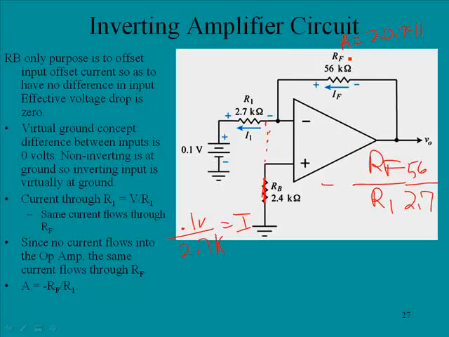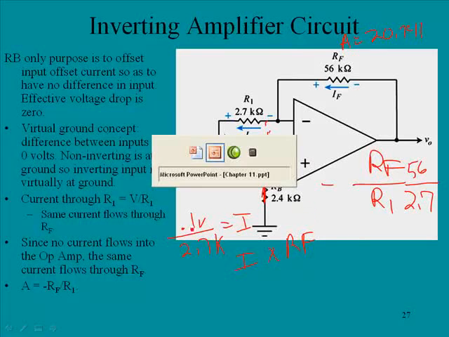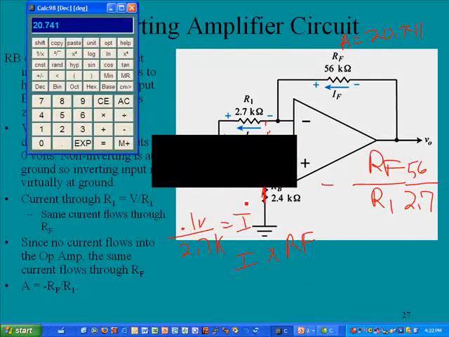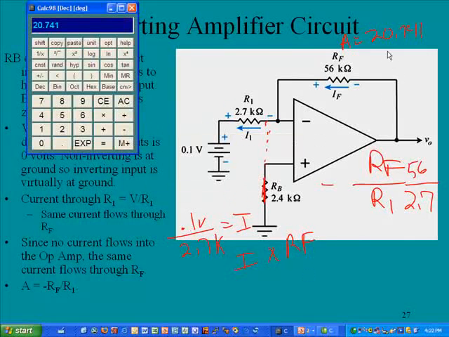It won't be R1 plus RF, it will simply be RF because we have that virtual ground concept here, so our output will be from here to here. And so whatever that current is, we'll take that current times the value of RF, and we should get our output.